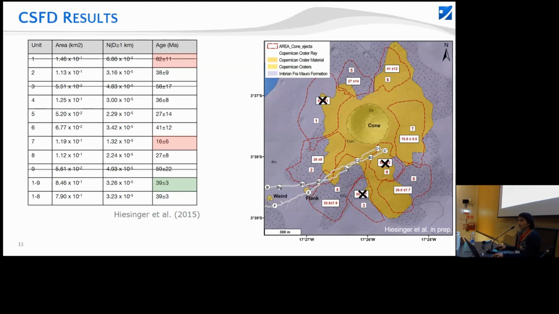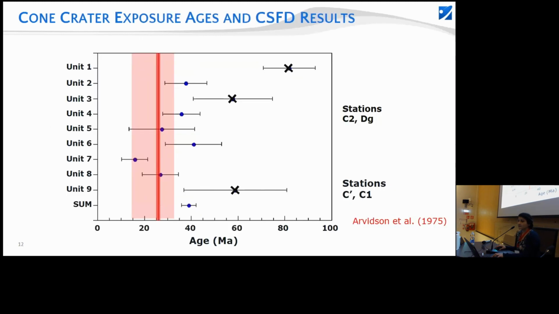He mapped the whole area again for CSFD measurements. We can see that these were the points that had the highest errors, and that was also causing the sum of all the areas to be in a higher range. If you compare it again with the exposure ages that were previously determined by Eriksson et al., and then the recent one from Fury et al., then we see that the sum is closer to the average ages that they are getting.